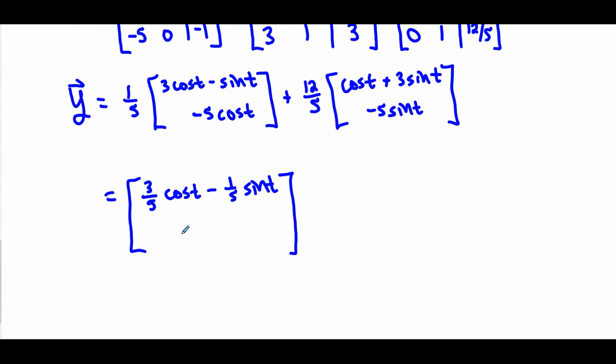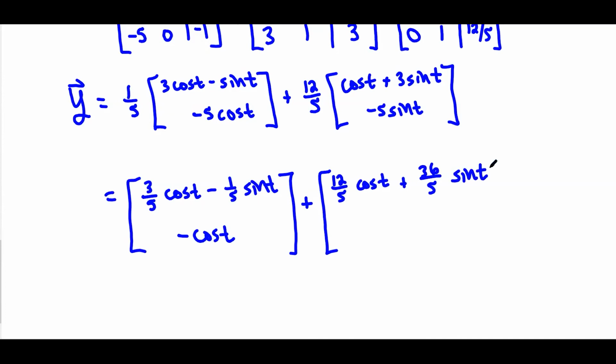And the second component is just going to be negative cosine t. The 5's will cancel. And the second vector, first component, 12/5 cosine t plus 36/5 sine t. Second component, negative 12 sine t. The 5's cancel out.